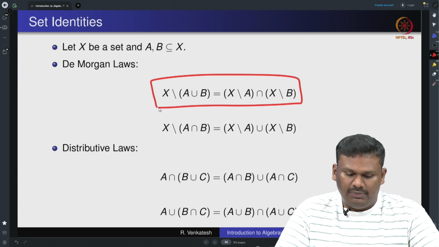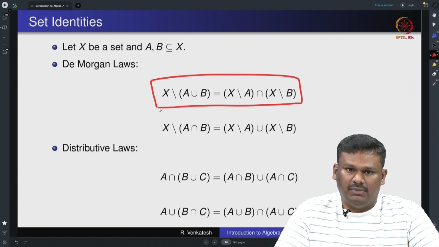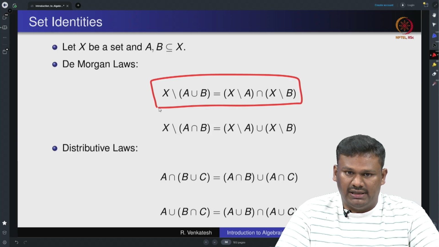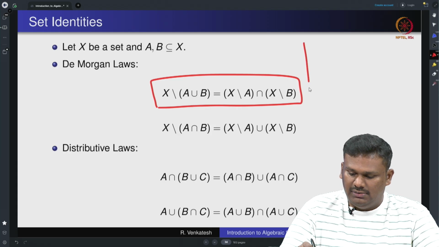Let me prove this first statement, and the second statement maybe I will leave as an exercise. So, let us begin.